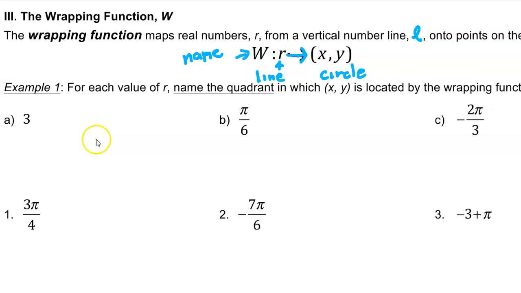So 3. If I have a circle, go ahead and draw a circle. Maybe a little bit bigger for me. All right, we have some coordinates here. And we have this radius, r, that is wrapping around.